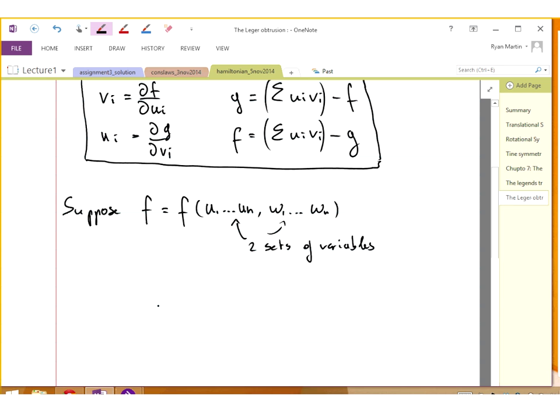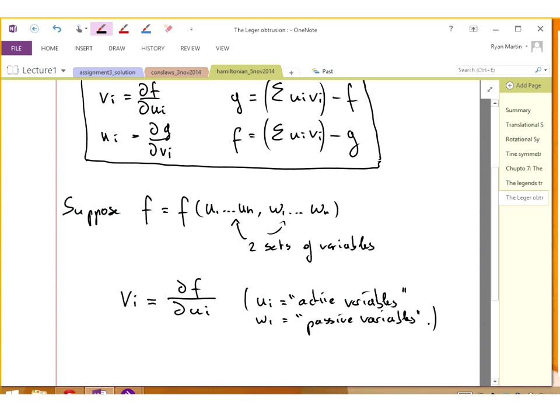So again, let's define a new variable, vi, to be given by ∂f/∂ui. And so what we do there, we actually say that the ui are the active variables, and the wi are the passive variables.